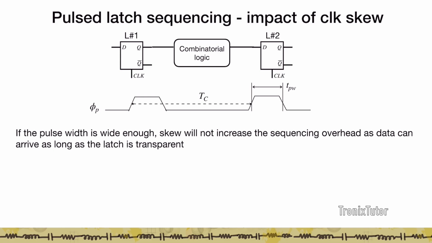As long as the skew exists such that this remains open during the skew, we don't have an issue. So this is similar to the previous case where we had sequencing using two clocks, that there is a tolerance to clock skew that happens whenever we use latches.